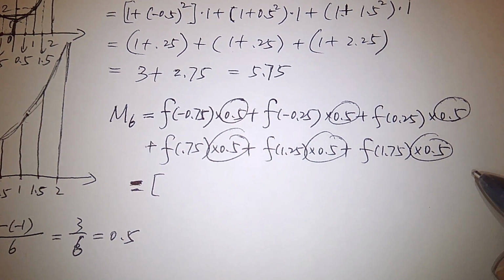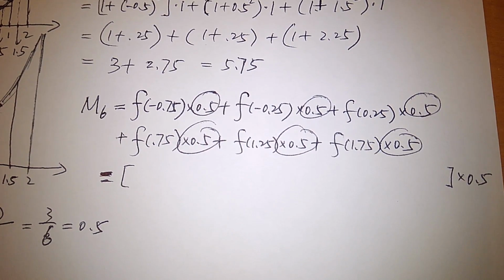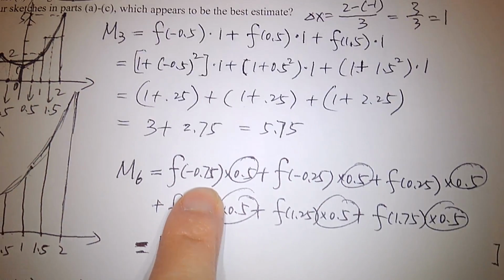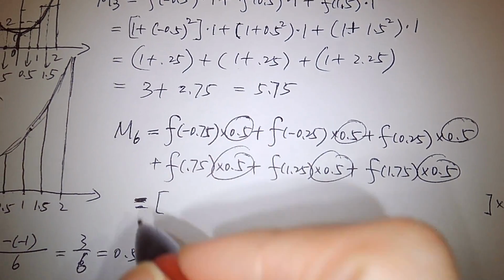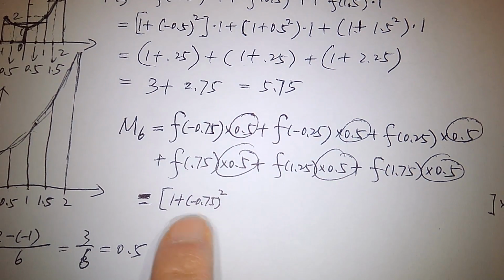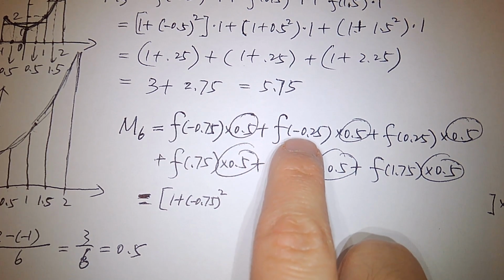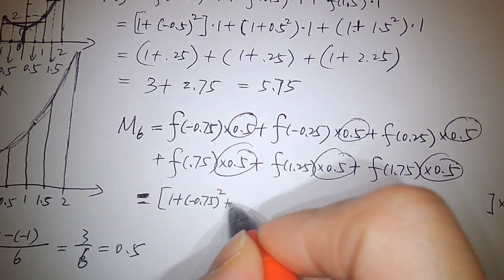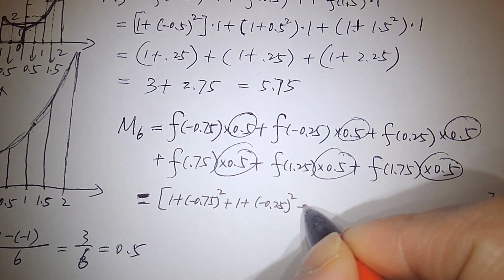Eventually we're going to multiply the whole thing by 0.5. So what is f of x? 1 plus x squared. So 1 plus -0.75 squared, this is f of -0.75. What is f of -0.25? 1 plus -0.25 squared.